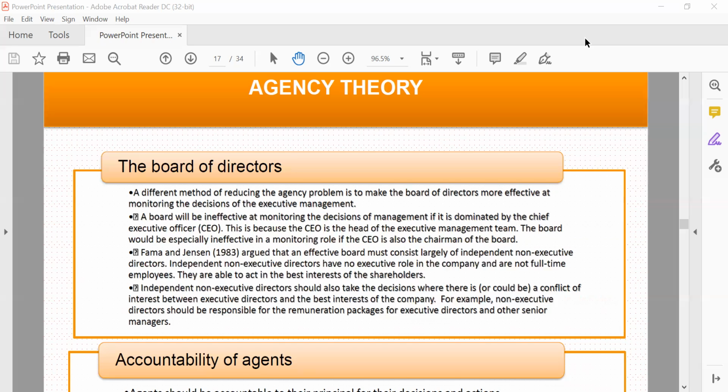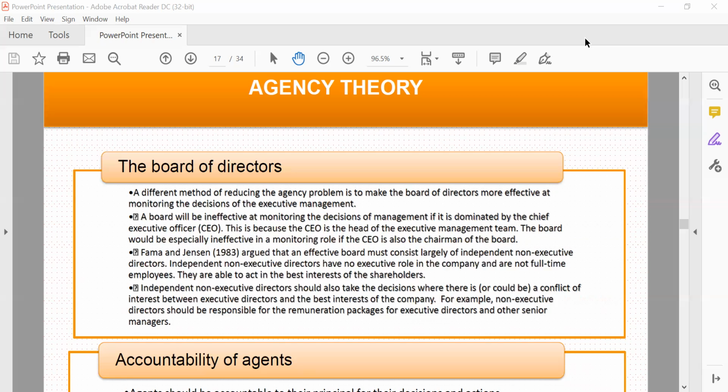Non-executive directors are those who are not involved in the day-to-day business operations of the company. Independent non-executive directors have no executive role in the company and are not full-time employees, and they are able to act better in the best interest of the shareholders.